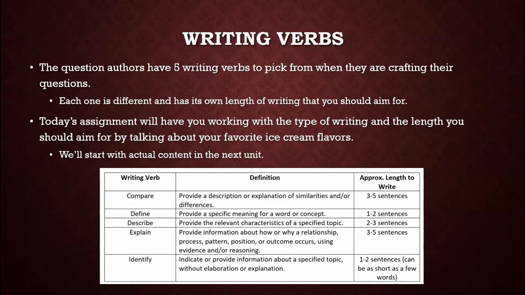Okay, so the last one of our writing verbs is actually the easiest. Okay, it's identify. And to identify something is just to indicate or provide information about a specified topic without elaboration or explanation. You'll often see these as perhaps maps that you've got to read, right?